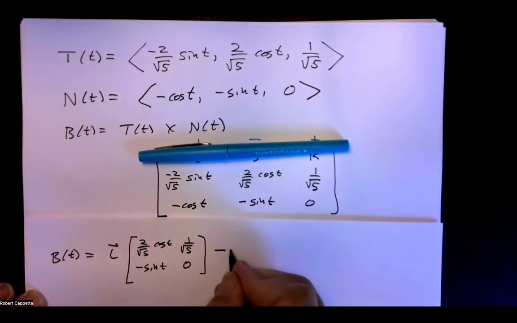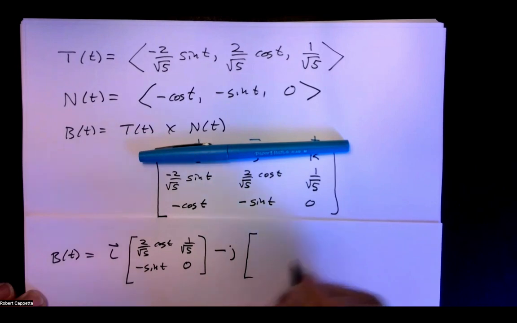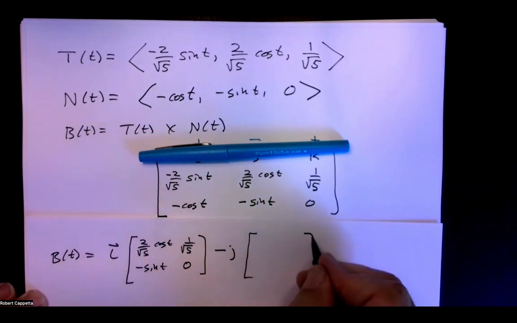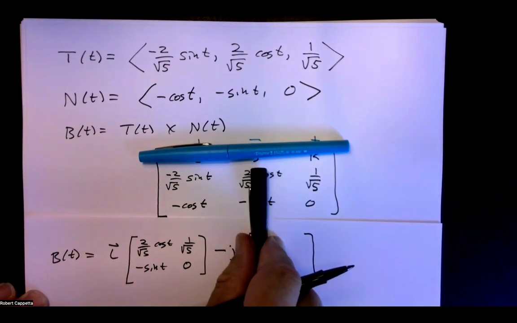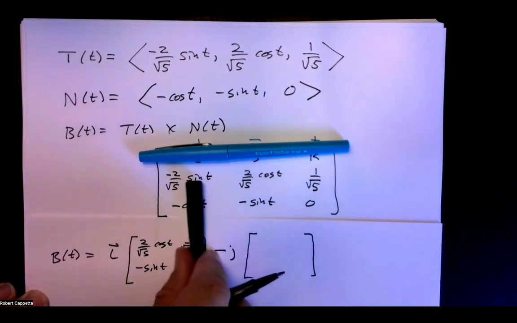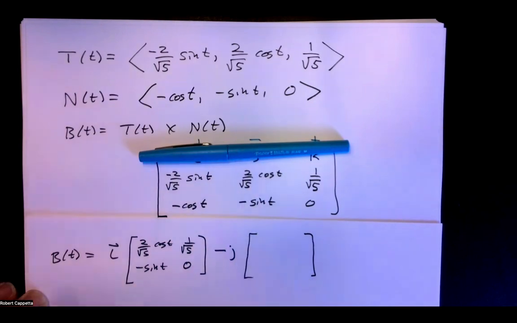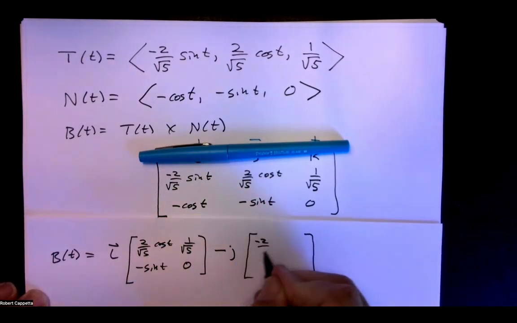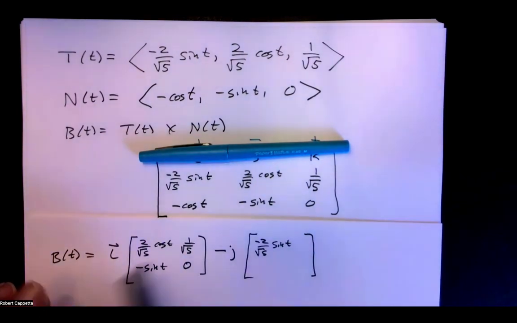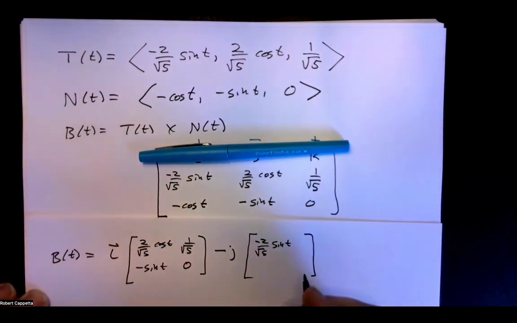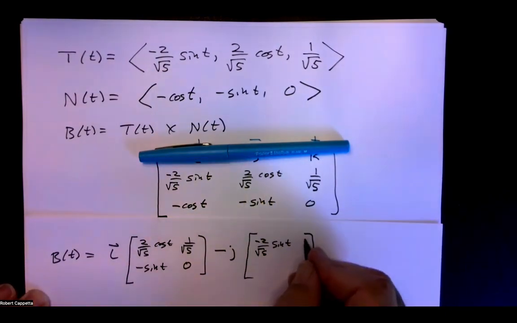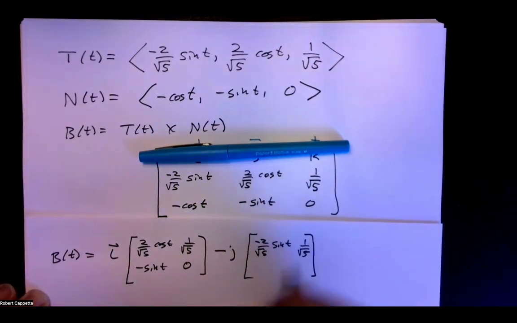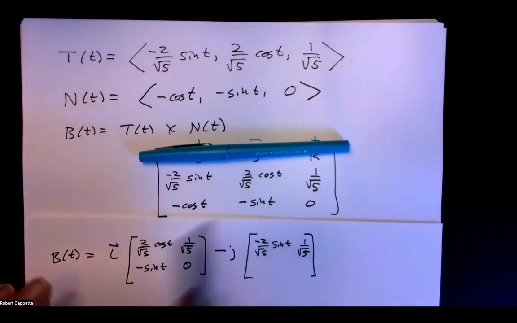Minus j. Cross out the row that j is in and the column that j is in. Negative 2 over root 5 sine t, one over root 5, negative cos t, 0.